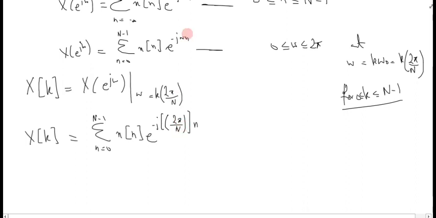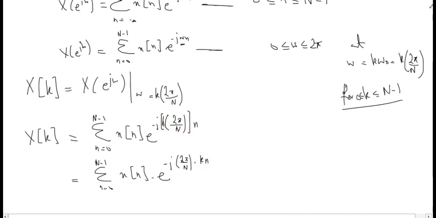This 2 pi over N is the value of omega, and you are uniformly sampling it at k omega naught. So slightly rearranging it, what you will get is the summation n equal to 0 to N minus 1 of x of n into e raised to power minus j 2 pi over N into k n.